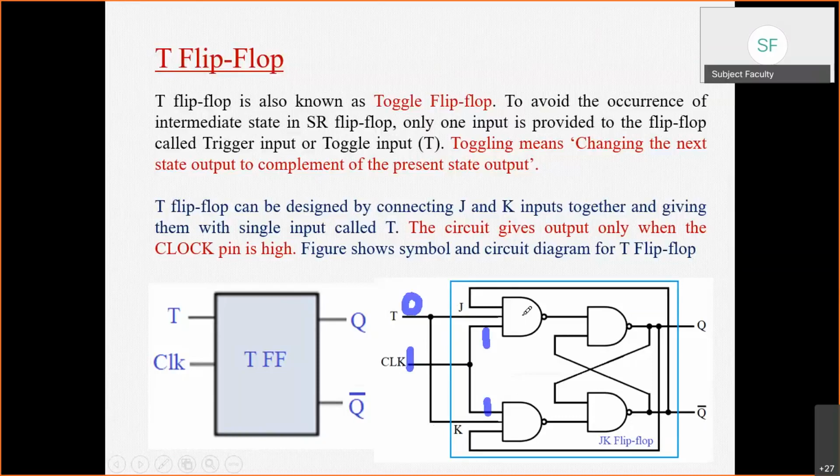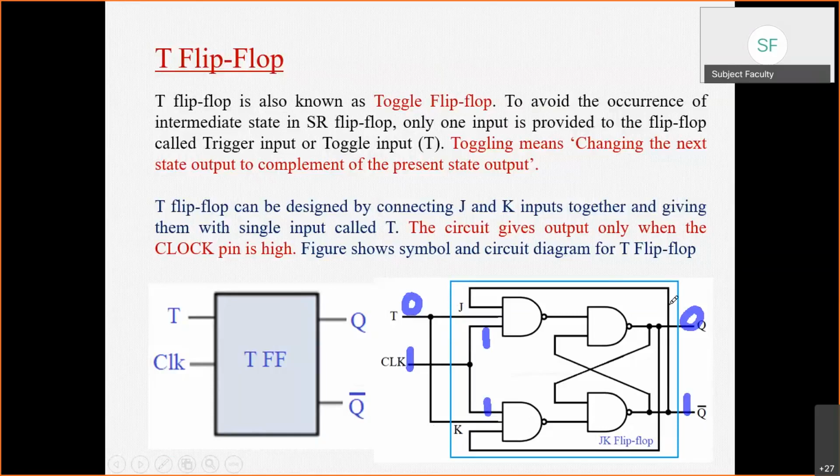Now for these 3-input NAND gates, only the values of 2 inputs are known. Here the value of J is known, that is 0, and the value of clock is 1. Similarly, for the lower 3-input NAND gate, again only 2 inputs are known. So what we will do, we will assume initially that Q equals 0 and Q bar is 1.